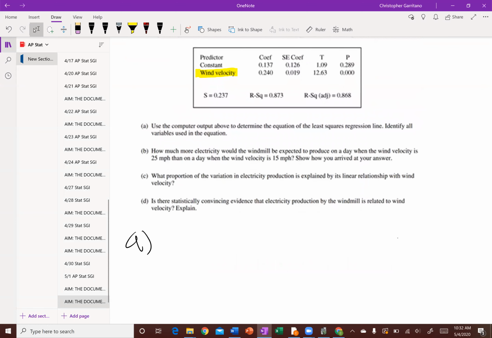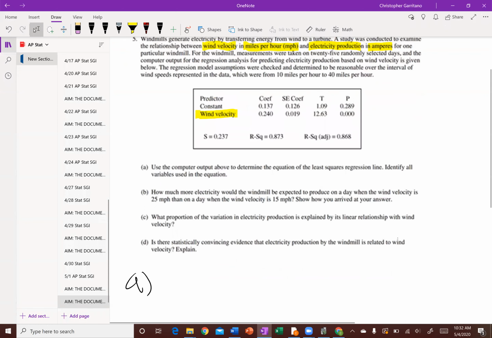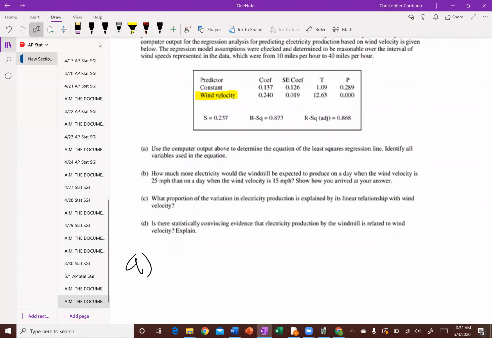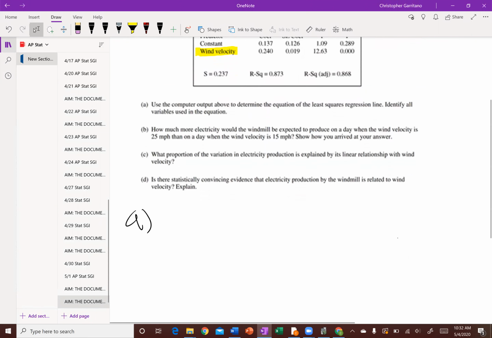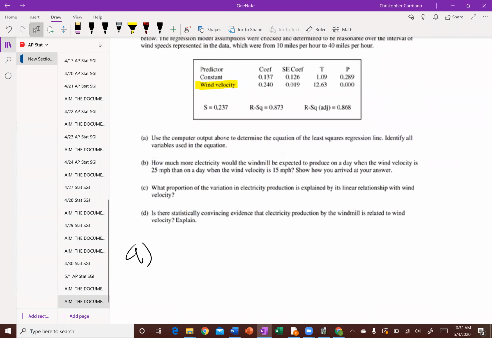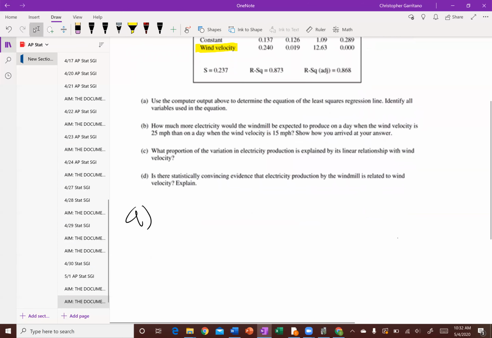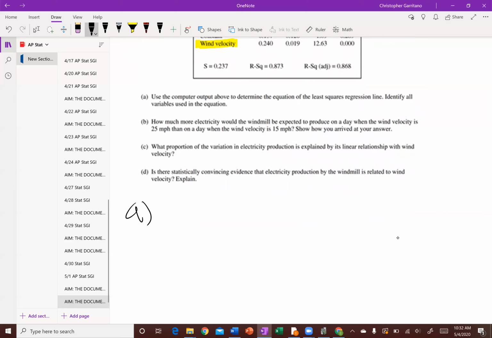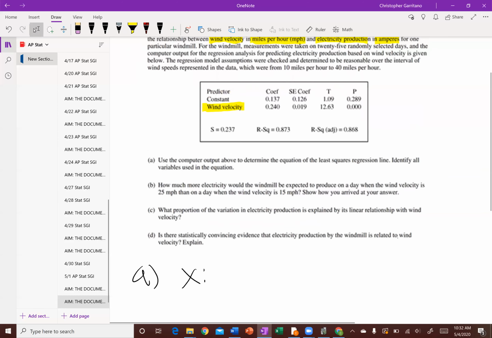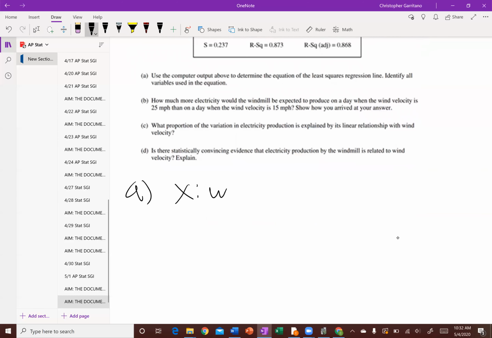Part A says, use the computer output above to determine the equation of the LSRL, identify all variables. We've done many problems like this. Remember, anytime you're stating an LSRL, define the variables and then write the equation. So our x variable is going to be observed wind velocity, in miles per hour.